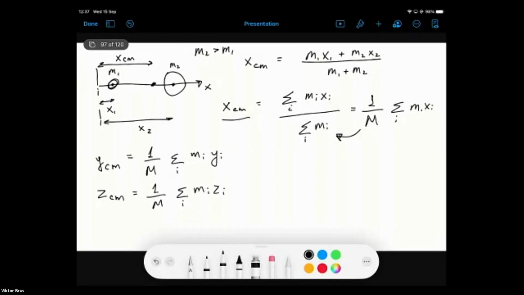So this gives us coordinates x, y, and z for the center of mass.